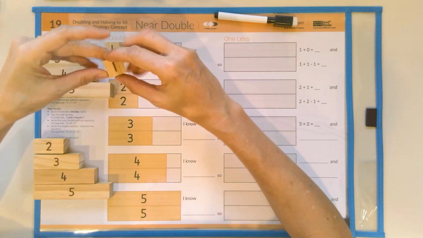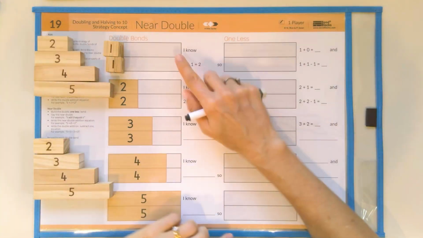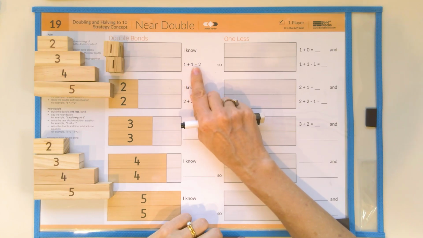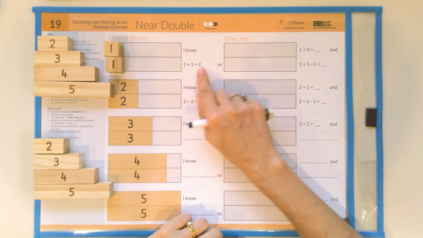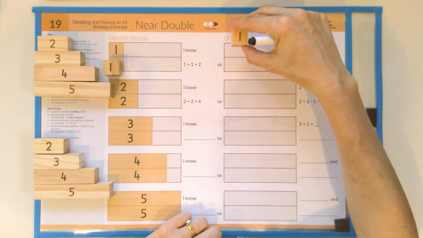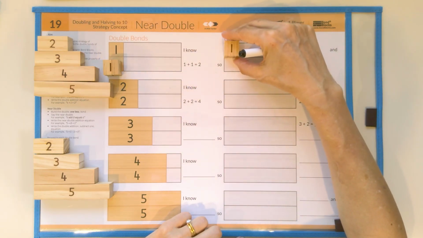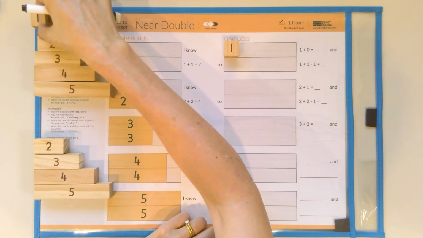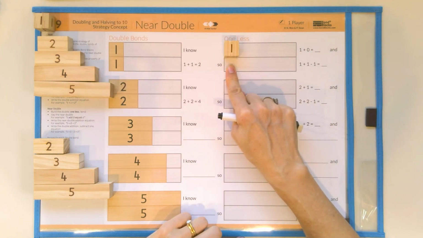First, we make the double and we say, I know 1 add 1 equals 2. So 1 less than this would be 1 add, not 1, but 0.